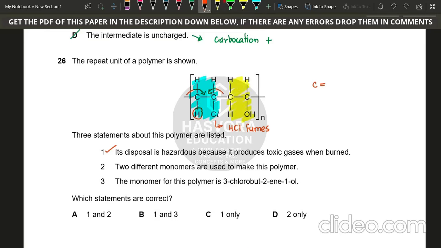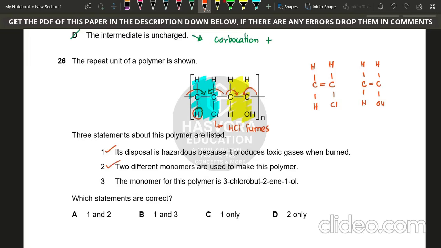So it will be C double bond C, and there will be Cl and H and H and H. And the other one will be C double bond C. If I try to unwind this one and this one, it will be C double bond C, this will be OH, this will be H, this will be H, and this will be H. Okay, so these two monomers are actually reacting together. So this part is also correct.